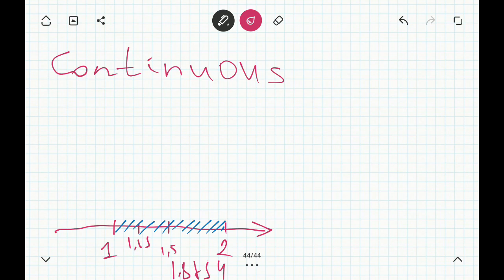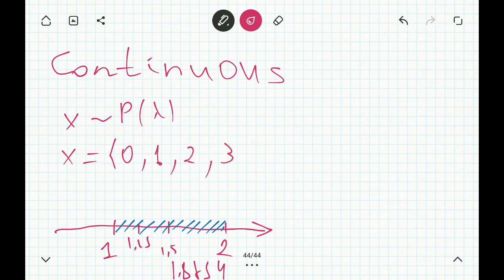So if random variable x has a Poisson distribution here with some lambda, then your x can be equal to 0 or to 1 or 2 or 3 or 4 and so on and so on. Yeah, 10,000s.